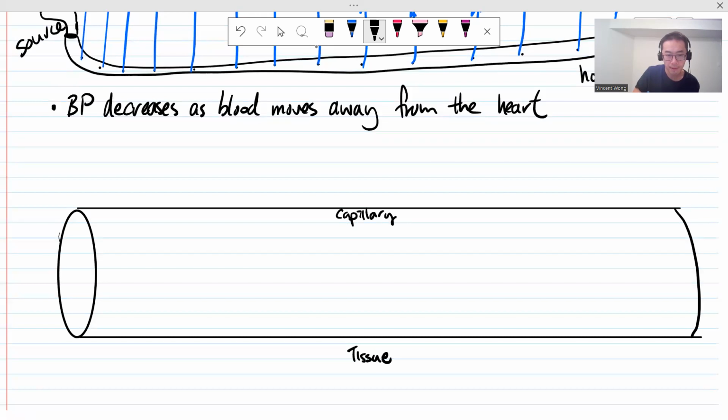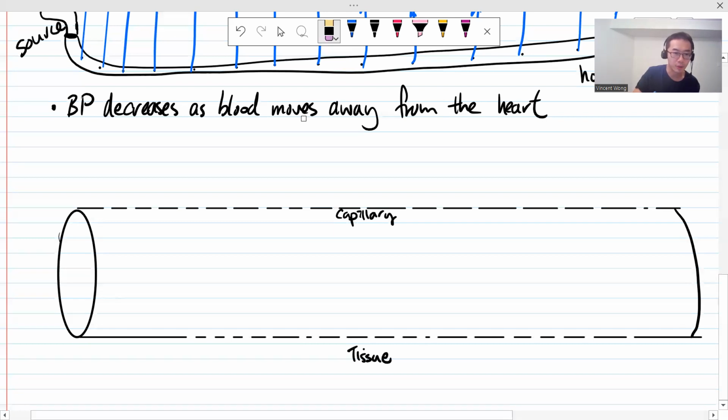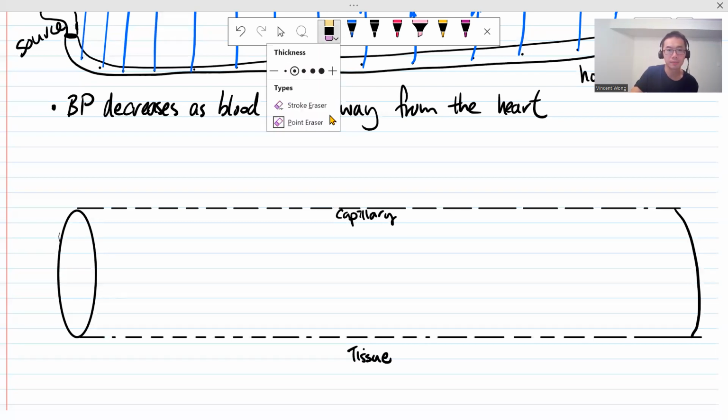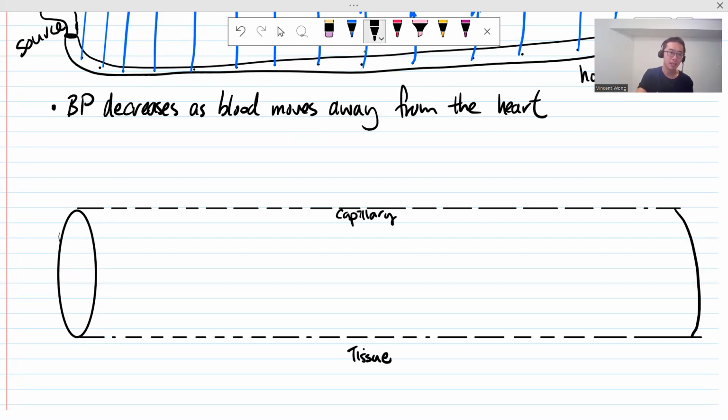And I told you it's leaky, so let's just pop some gaps in it. Okay, you probably can do a better job than me, but there it is. I'll give you a moment to set this up. Remember, this is the arterial side. This is the venous side.